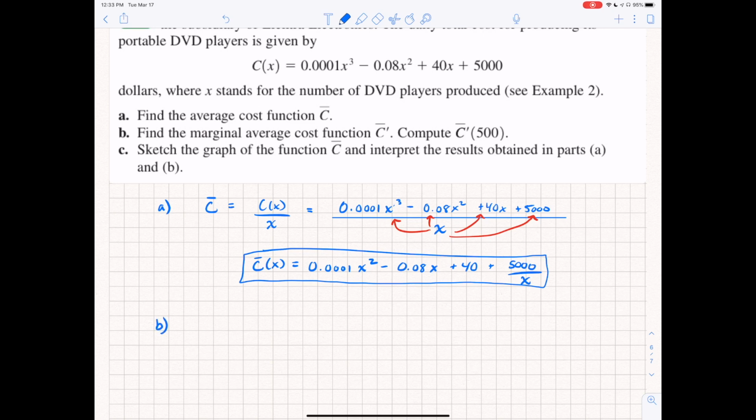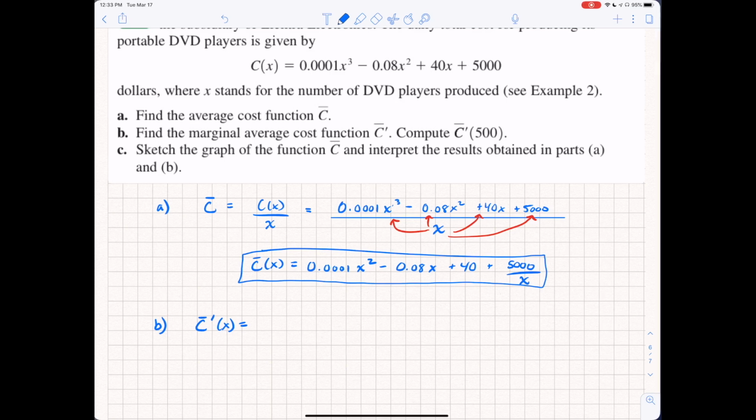For part B, find the marginal average cost function and then compute C bar prime of 500. In other words, what's the marginal average cost if we were to produce 500 DVD players? Marginal means I need to find the derivative.